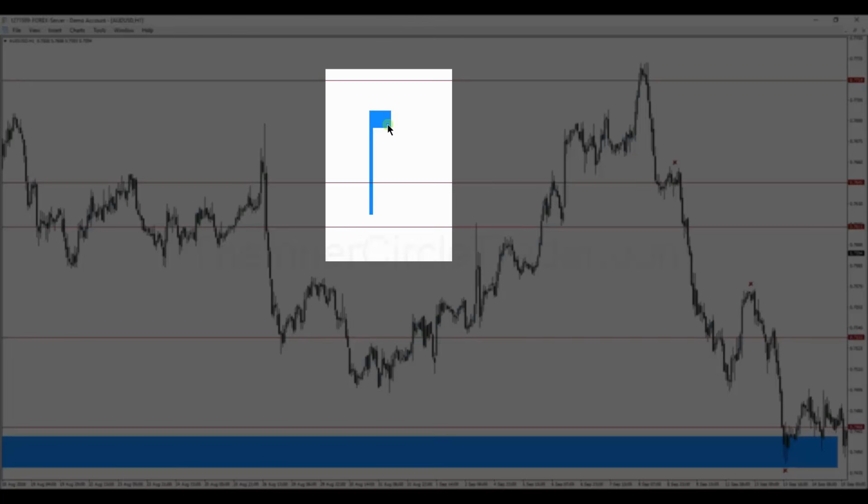What many times you'll see is the market will just make a slightly short-term higher high, and then collapse. This is the basis of turtle soup.